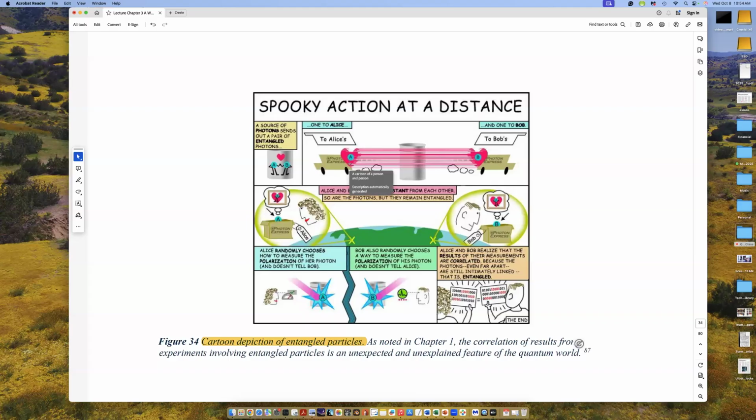And the properties of these two are always, one has a spin of one orientation, the other one has the opposite spin. And then the question is, what happens when Bob makes a measurement? Well, he gets a whole string of these photons and he writes down all his numbers. There they are. He's written them all down.